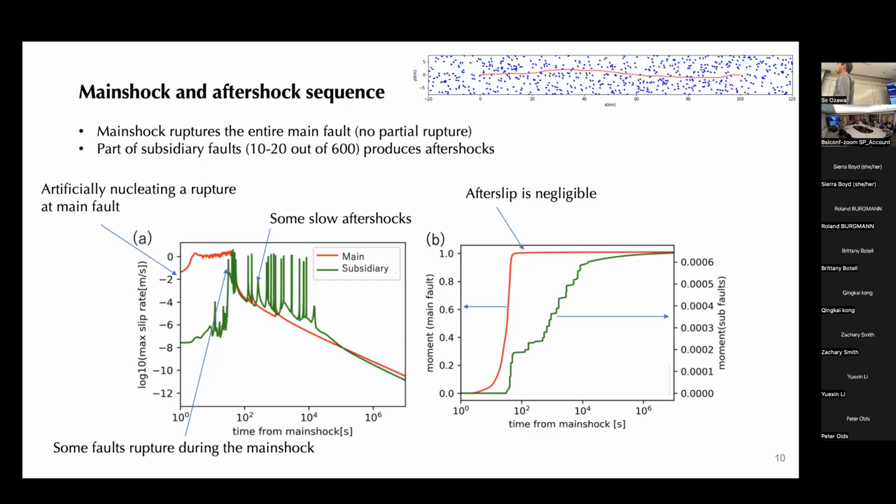In this numerical simulation, the friction is velocity weakening everywhere, and there is no velocity strengthening location, which can generate afterslip. So this enables us to focus solely on the interaction between earthquakes, not aseismic slip, in this simulation.